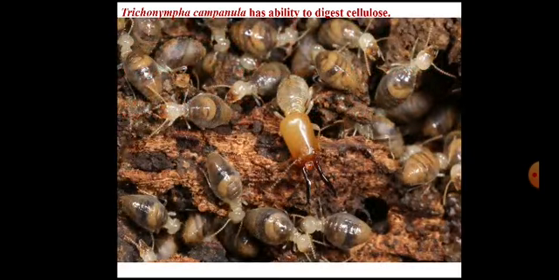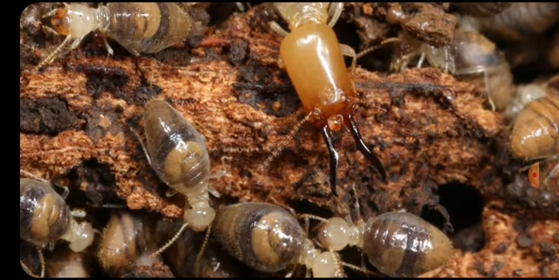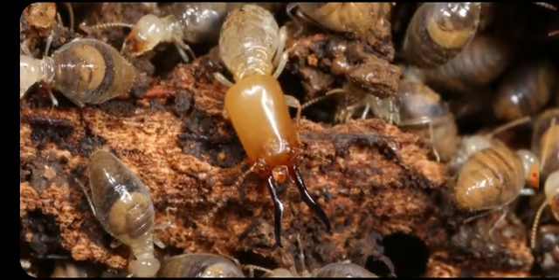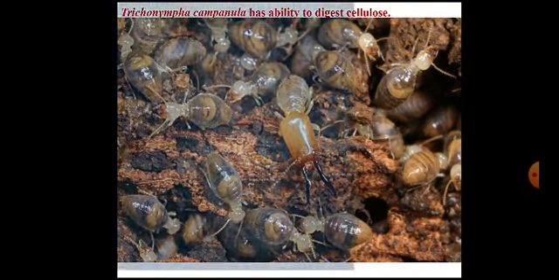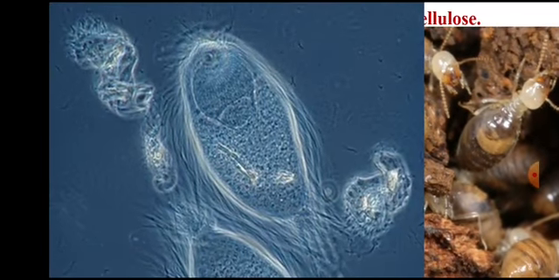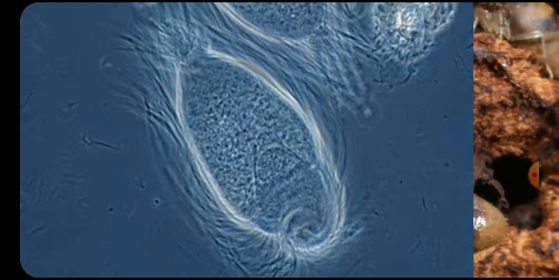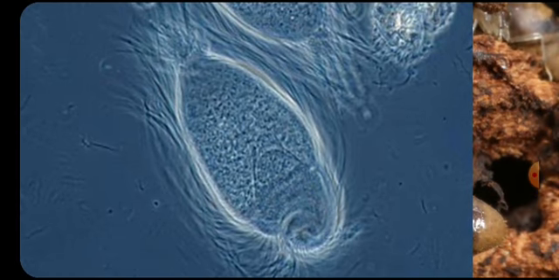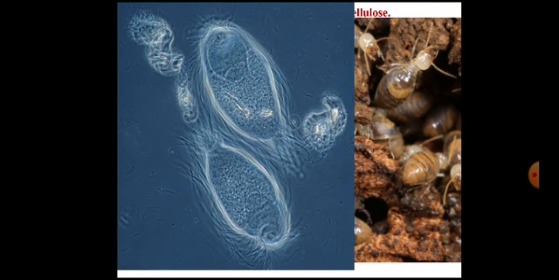So these are the termites, as you might have seen, which are feeding on wood, which is rich in cellulose. And this is the picture of Trichonympha campanula, which is present in the gut of this termite, and they are responsible for the digestion of cellulose, conversion of cellulose into simple sugars.